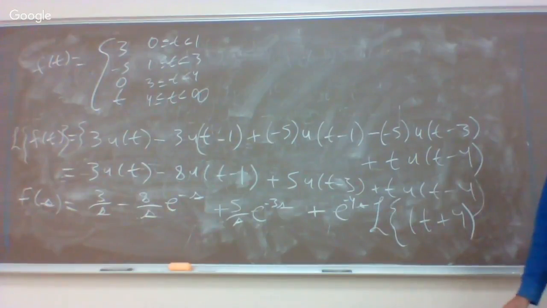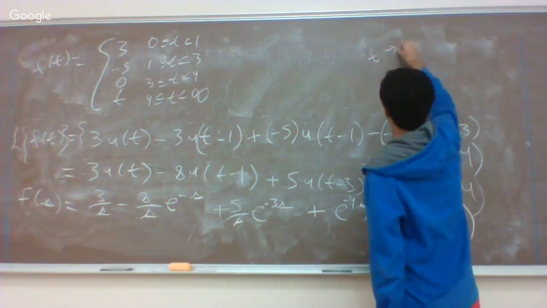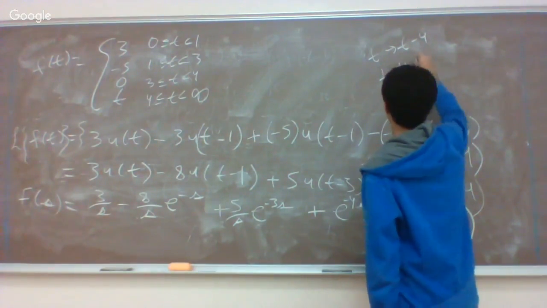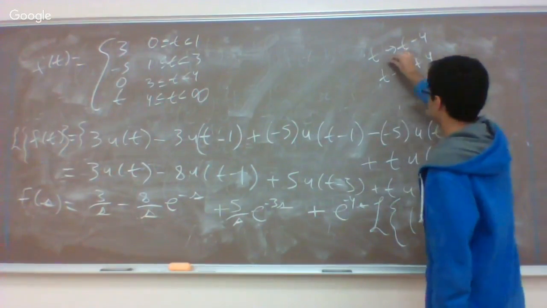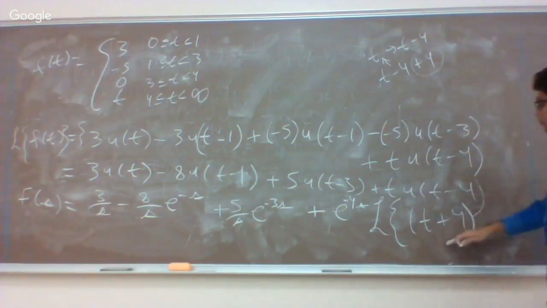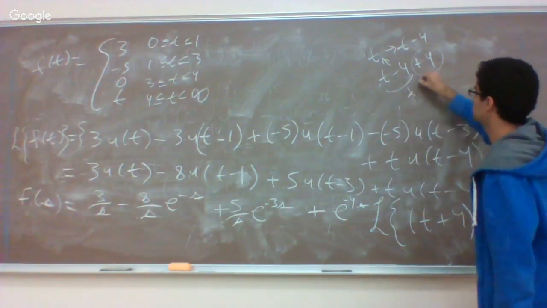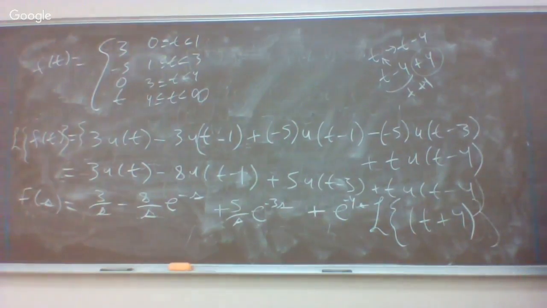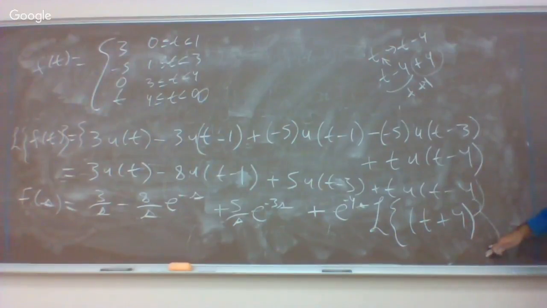Then the idea is that I need it to look like t minus 4. So then I can do t minus 4 plus 4. So this relates back to the t, but then I have a quantity plus 4. So when I do the Laplace, this is my t portion plus 4. Do you guys follow it? You need the t to be in the range of t minus 4, so t minus 4 plus 4. So the Laplace plus 4.